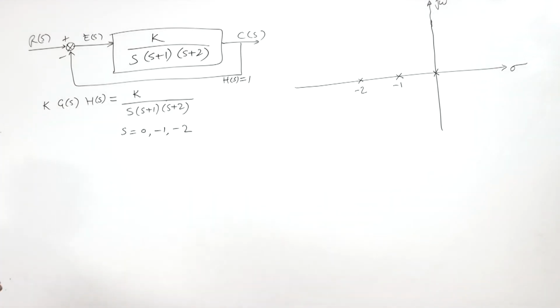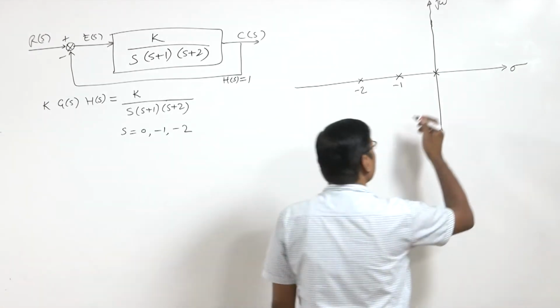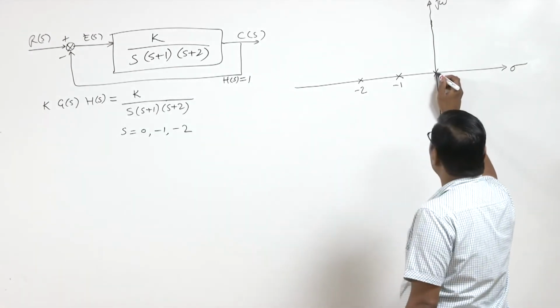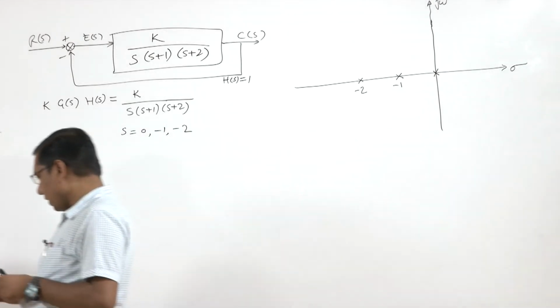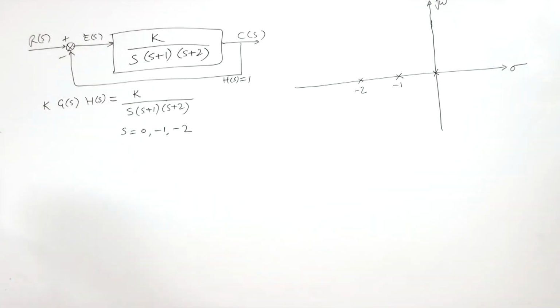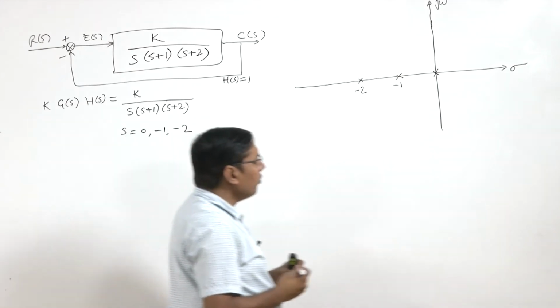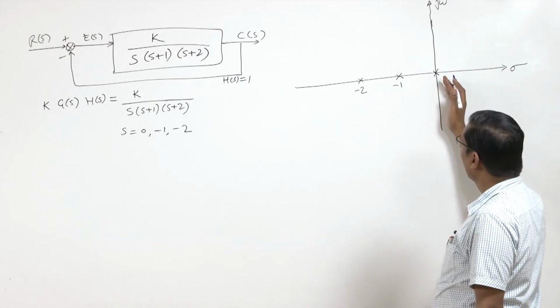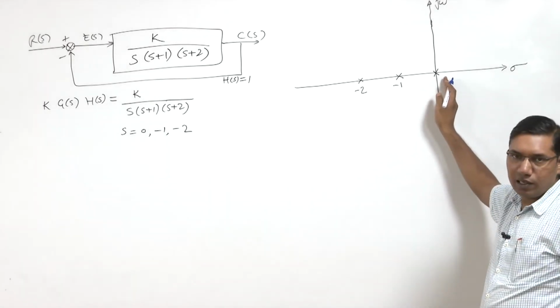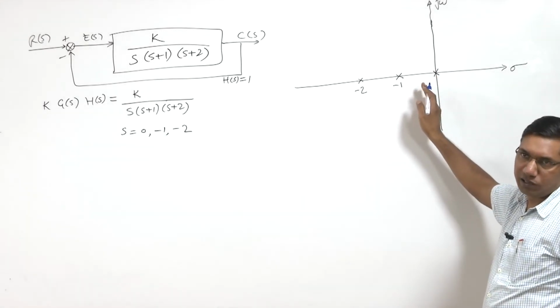Now, rule number 1 says that the root locus will start from here. Whether at this point the root locus will start and go to what side? We know that the root locus on the real axis lies to the left of an odd number of poles or zeros.